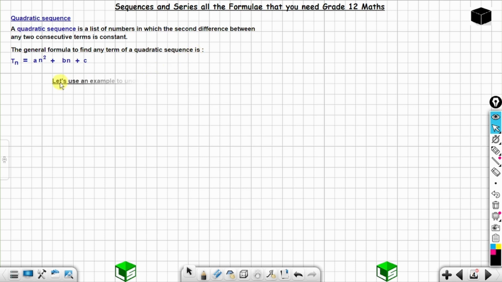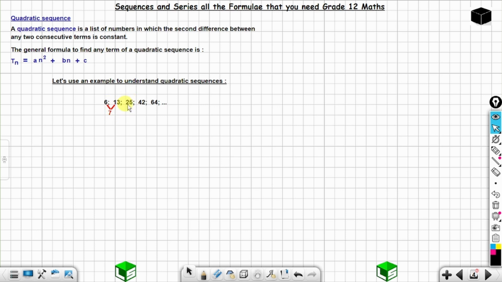Okay, so let's use an example to understand quadratic sequences. So you are given this quadratic sequence. Now the difference, you always take next term minus the previous term. 13 minus 6, you have 7.